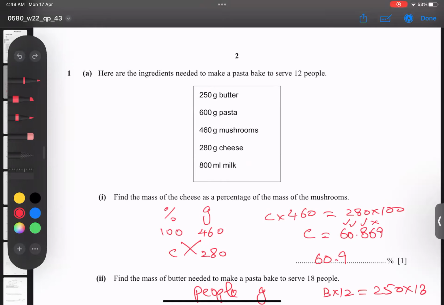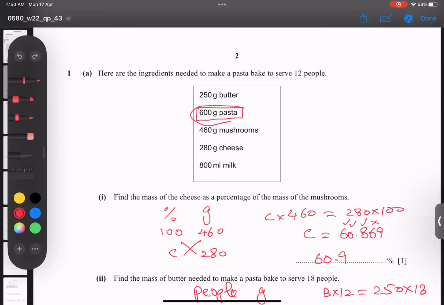For example, 250 grams of butter to serve 12 people is a small quantity, so no dependency on butter. And 460 is smaller than 600, so no dependency on mushrooms. 280 is not a dependency either, because the highest value is 600, so the dependency is on pasta, because it needs more quantity to serve 12 people.